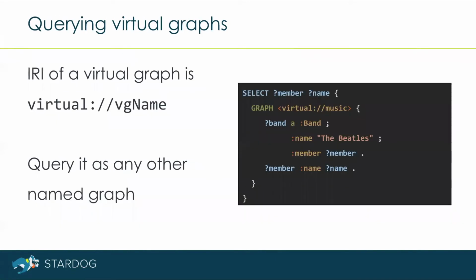And then to query it, once I've loaded in the music virtual graph, we have a special syntax. It will basically load the virtual graph into a named graph in your database. So if I'm writing a query, I query from the named graph virtual:/music, and query it like you would any other named graph.